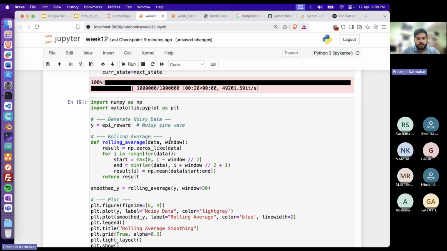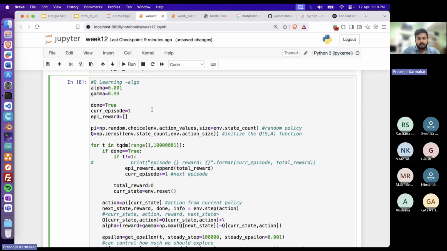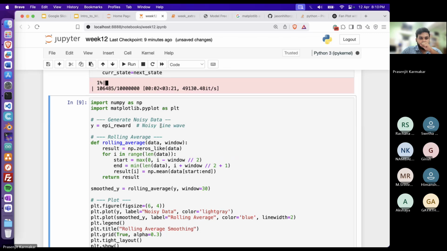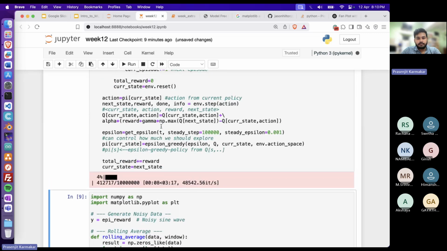Okay. Let's go for more samples. Let's go for 20 or 30 lakh samples, not 50 lakh samples. Okay. Let's go for 1 crore just to compare between all the other ones. Okay, let it run.